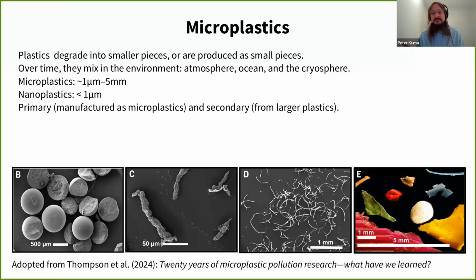Could be packaging, could be textiles, could be what are called primary microplastics, which are already made small, sometimes for paint or for personal care products, and so on. And so over time, these end up in the atmosphere and the ocean and the cryosphere. And that causes various other effects.